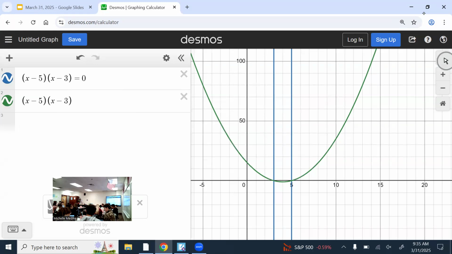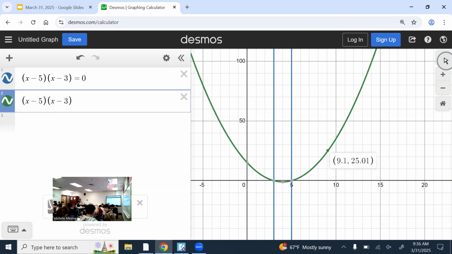Well, that is true. There is an equal sign here and there's not an equal sign here. Why does it produce a different graph? Why is that helpful? More clear. And not just answers for the x-intercepts, but sometimes on your test you need the minimum, sometimes you need the maximum, sometimes you need the y-intercept.